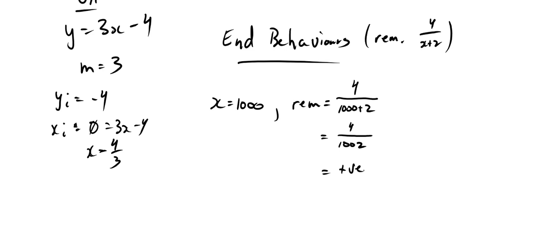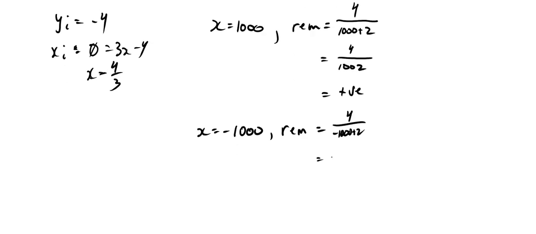Okay? When x is -1,000, it might look like whenever we put in a positive, we're going to get positive, and whenever we put in negative, we're going to get negative, but it's not the case, so we can't just assume that. Our remainder is 4 over -1,000 plus 2, which is 4 over -998.